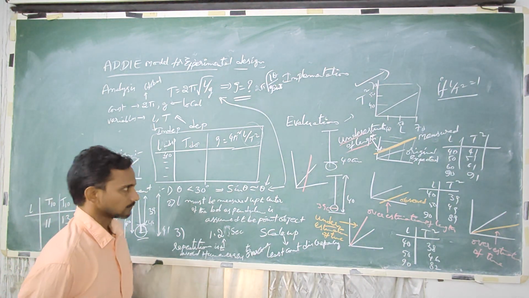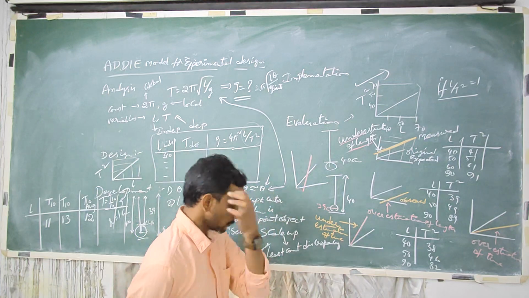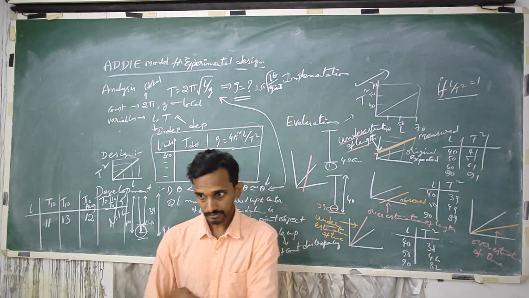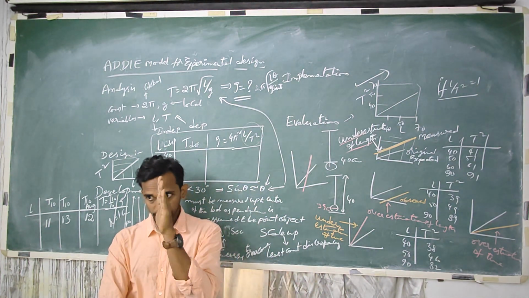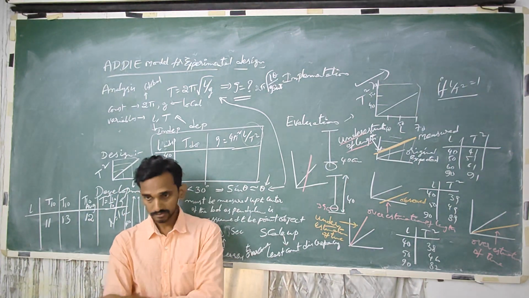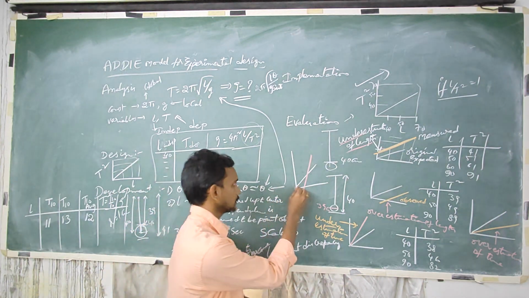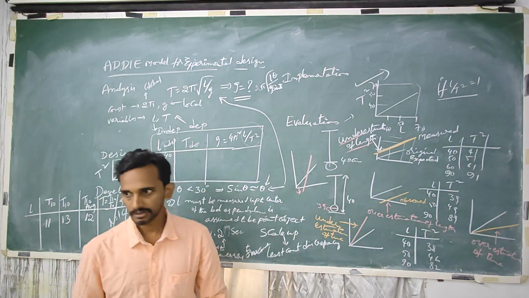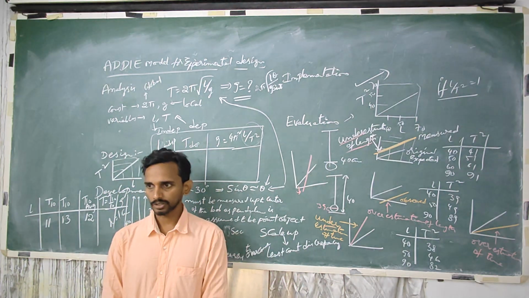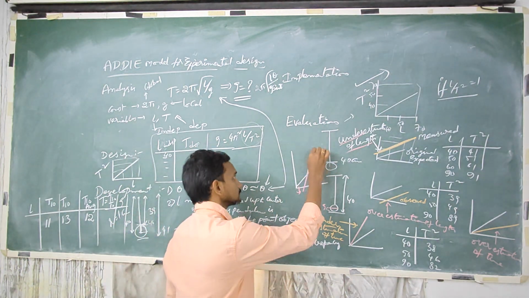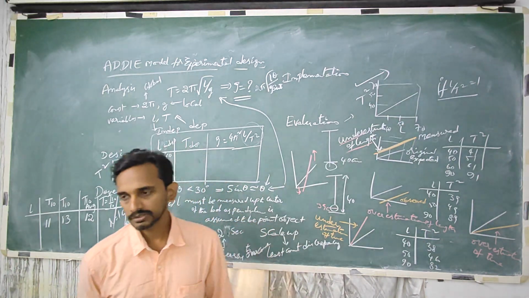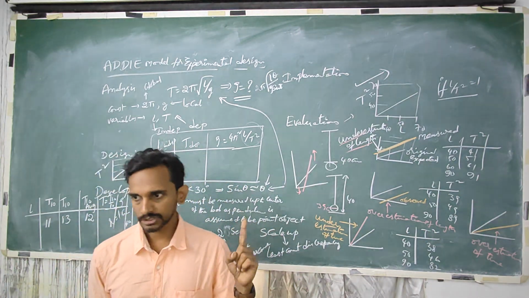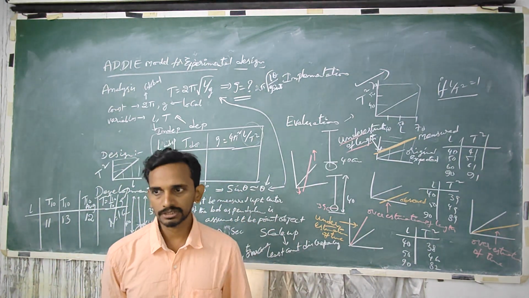It is overestimation of length. He is measuring the length up to the bottom of the bob. So for overestimation, the graph shifts downwards from the horizon. So there is a shift down from the horizon and the slope is increased. So there is an overestimation of length and underestimation of time.